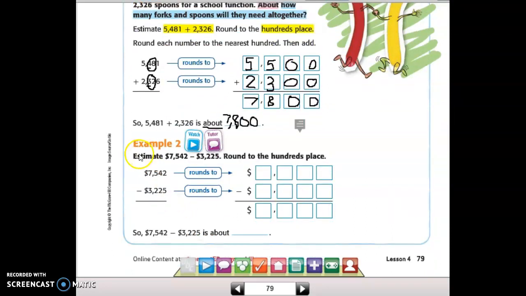Okay, next problem. We're estimating 7,542 subtract 3,225. And again, these are the numbers we need. It tells us the operation we need, and we need to round to the hundredths place.